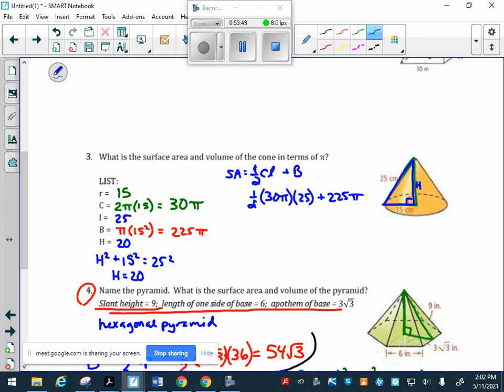Remember, pi's work like variables as well. So we're going to do 1/2 times 30 times 25, and we're going to get 15 times 25, which is 375 pi plus 225 pi equals 600 pi.